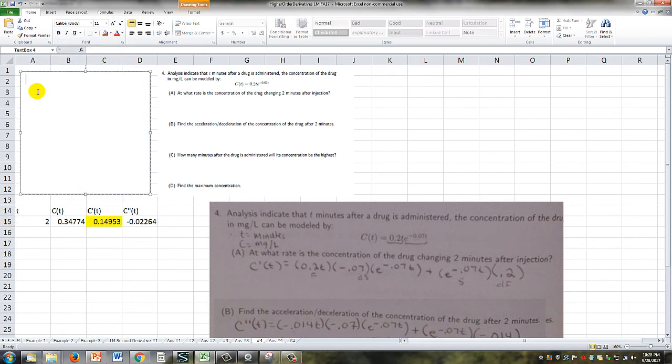And so to interpret that, at 2 minutes, the concentration of the drug is positive, so it's increasing at a rate of 0.15, and the units are, the y units are milligrams per liter, the x units are minutes. So at 2 minutes, the concentration of the drug is increasing at a rate of 0.15 milligrams per liter per minute.